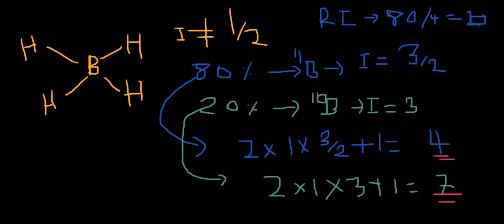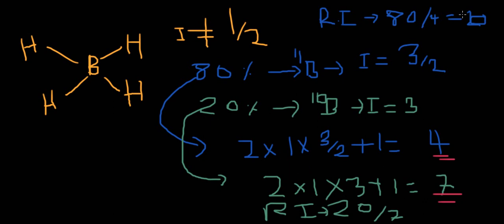And for the 20%, it will be 20/7, which is the relative intensity of all these. 20/7 is less than 3%.